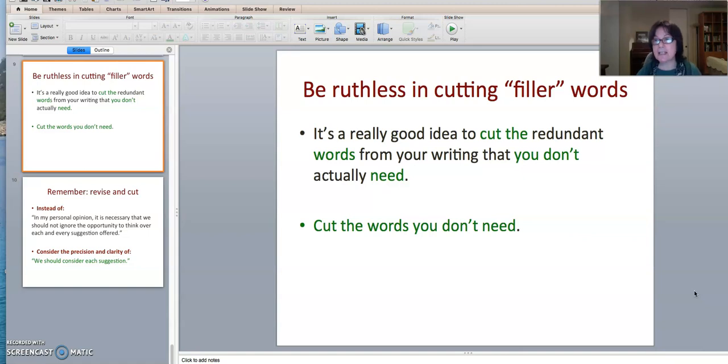So when you revise your essays, I want you to be ruthless to yourself when you cut these filler words, the fluff that you don't really need. Yes, I know it fills the page and your essay is done faster when you think about that. But remember, quality, not quantity.